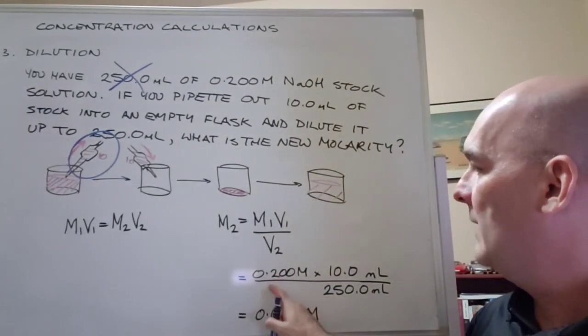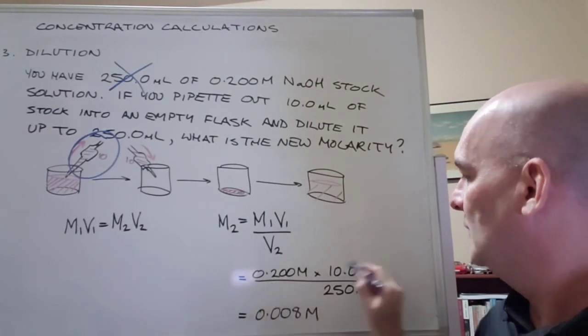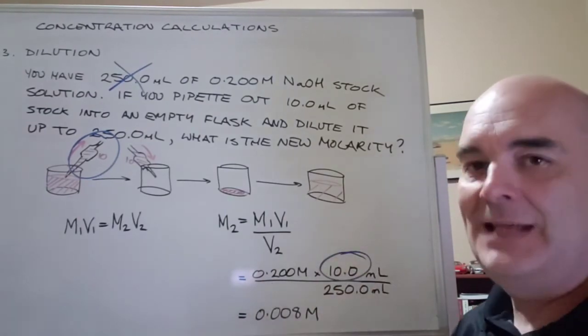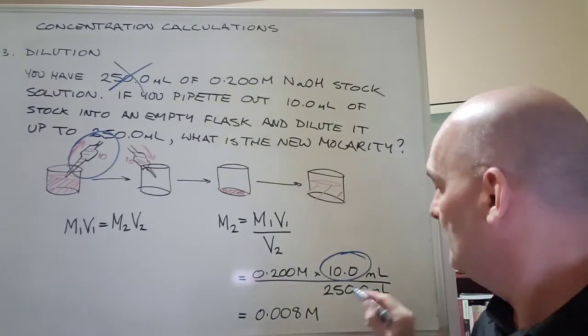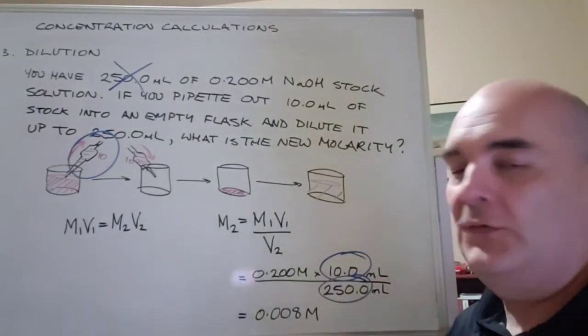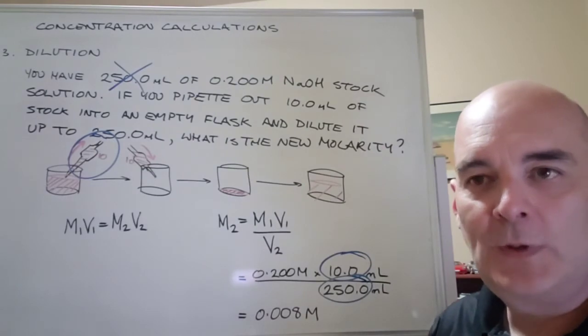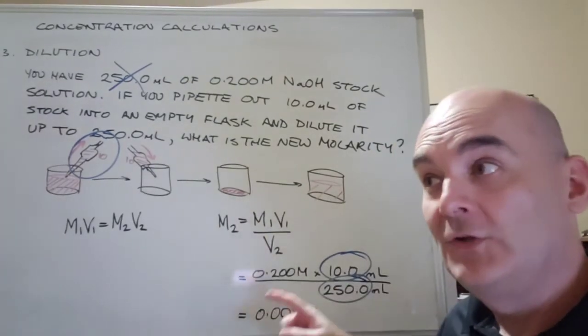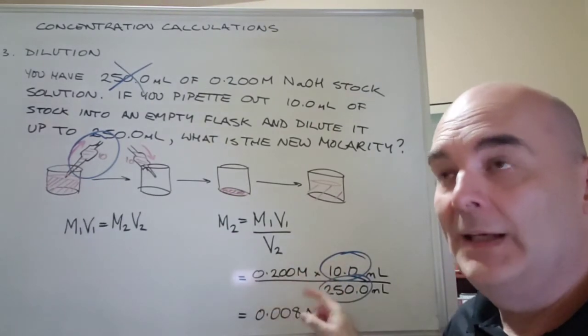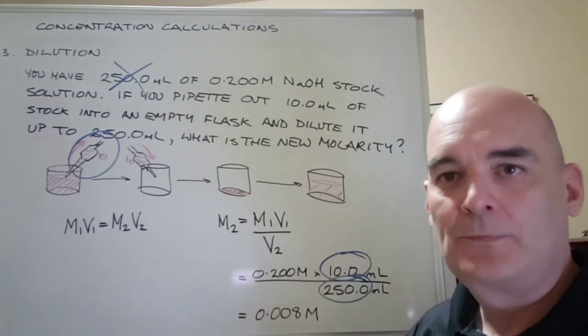So there's my molarity that I started with of the stock solution. That's my 10, the volume that I started with. There's my 250, the volume that I finished with. Now in some calculations, it's important to turn milliliters into liters.